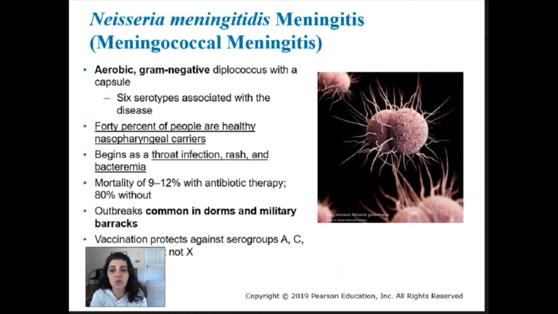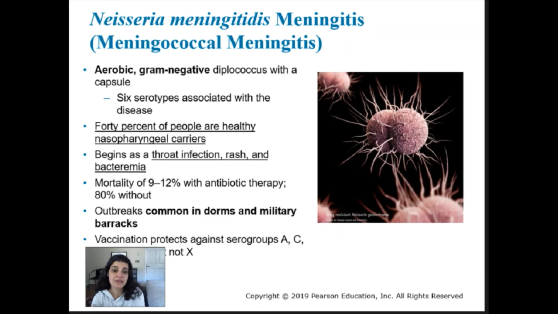So this is the one that is more commonly transmitted by kissing, by really close contact, which is very common in young people like teenagers, right? In this case, individuals between 16 and 18 years old are the ones more affected.